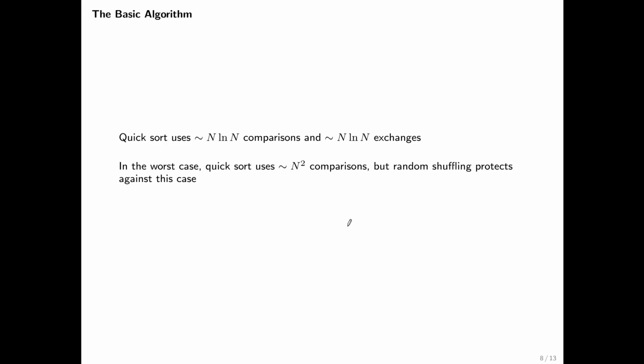In the worst case, which means when A is reverse sorted. When A looks something like that visually, it is reverse sorted. In this case, Quicksort degenerates to a quadratic time algorithm.